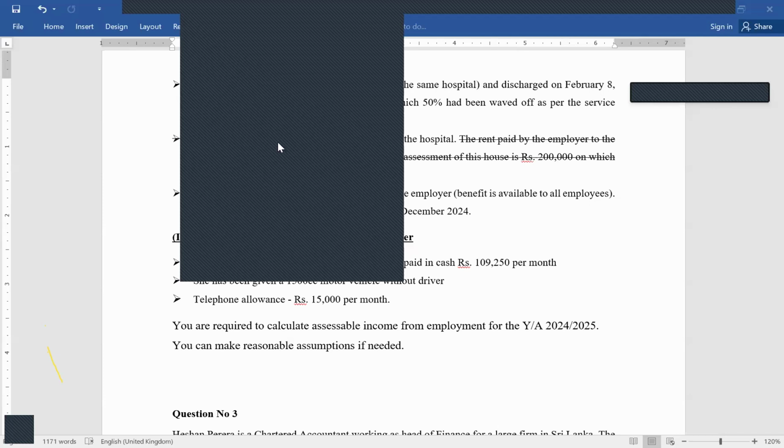Okay, I will share the answer sheet. Then you can check your answers with the document I provided. And in some cases, assumptions can be made if I have not actually mentioned.